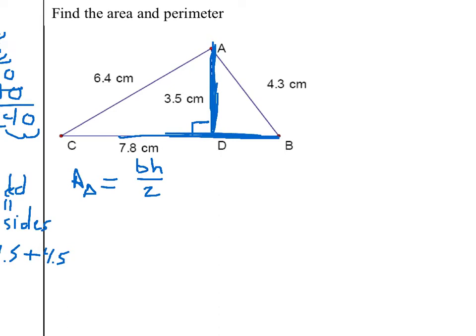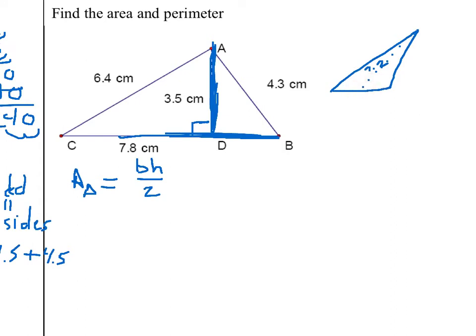So if I give you a triangle that looks like this, and I give you a dotted line that tells you the distance in the middle is 7.2, did I give you the height? No, I absolutely did not. Because this is definitely not a right angle down here. Definitely not a right angle down here.